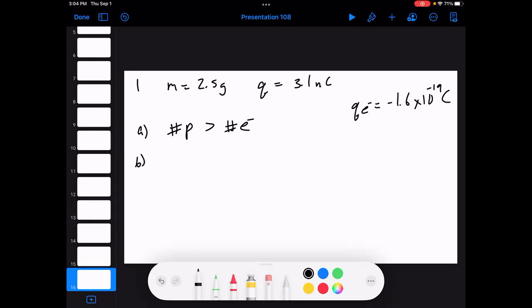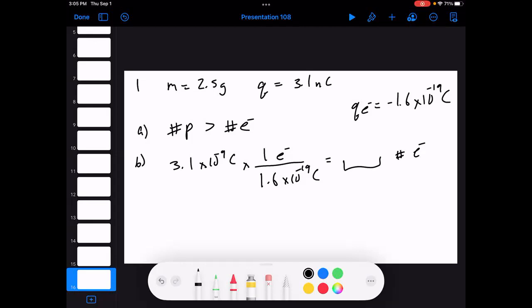You lose exactly that amount of charge. So that means if you have 3.1 times 10 to the negative 9th coulombs, you have one electron for every 1.6 times 10 to the negative 19th coulombs. However many electrons that is, that's the number of electrons you have.